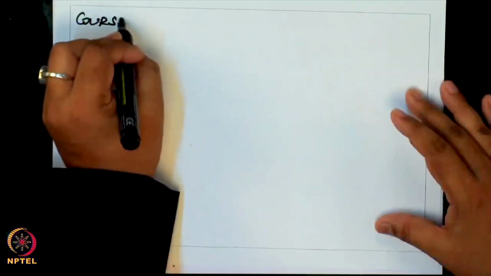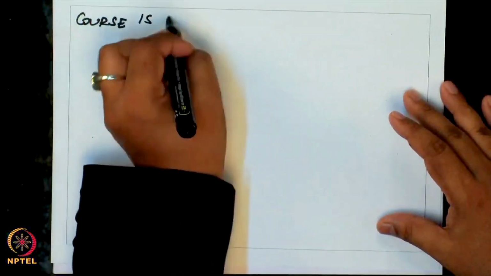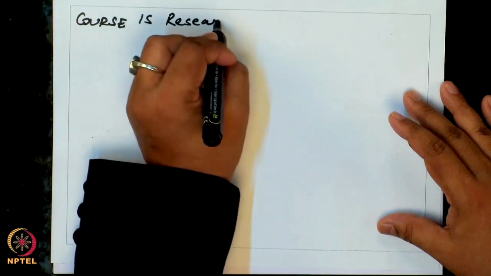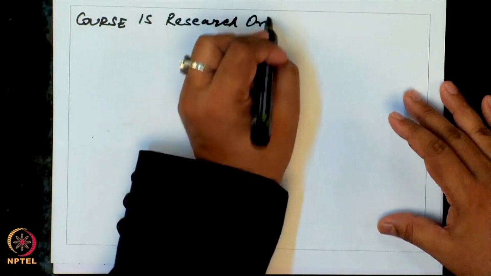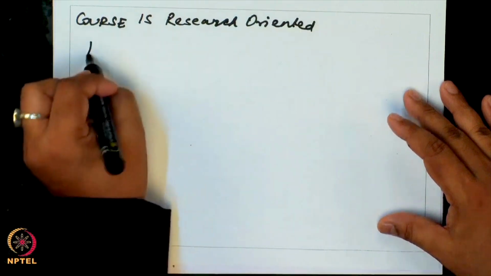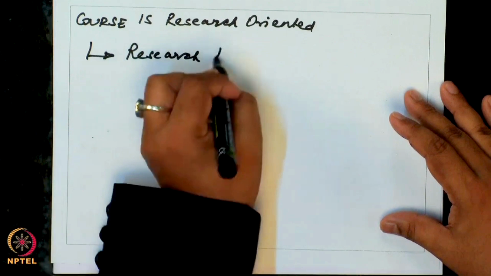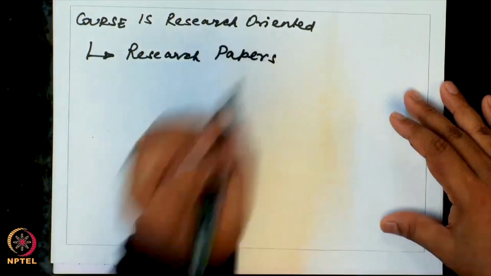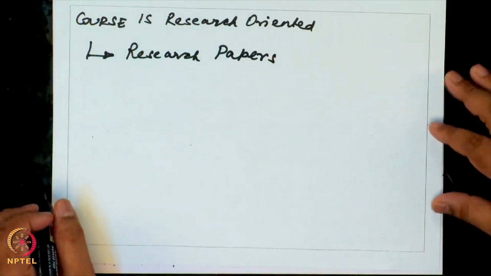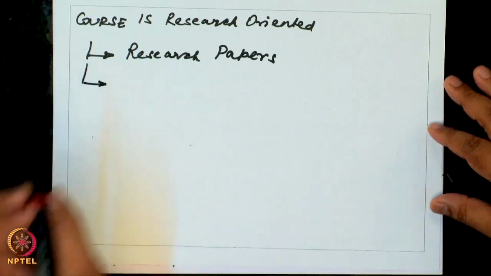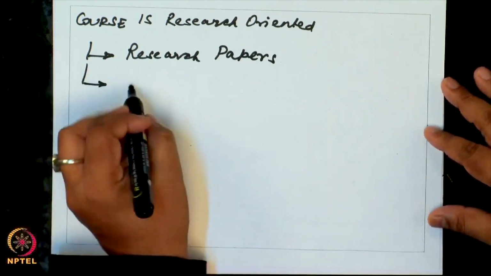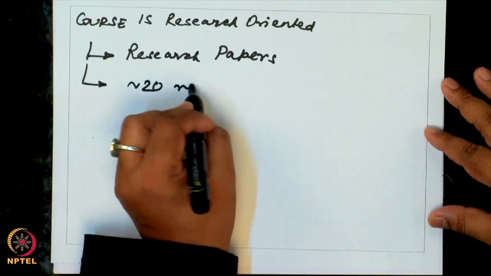Now, this course is research oriented. I would like to re-emphasize that the course is very research oriented. So, most of the course material will come from research papers that you will have to download and read. Over the entire course, you will probably read order 20 research papers.